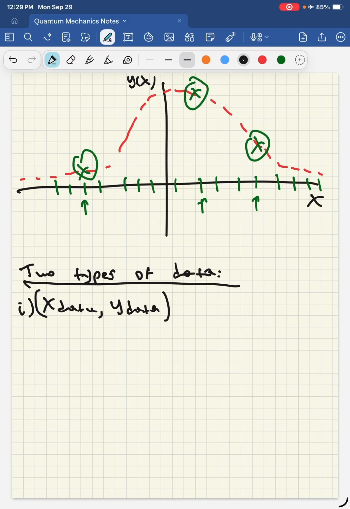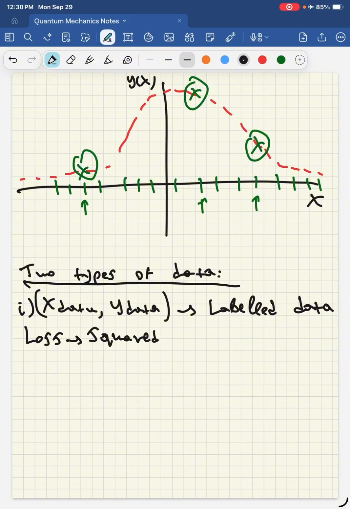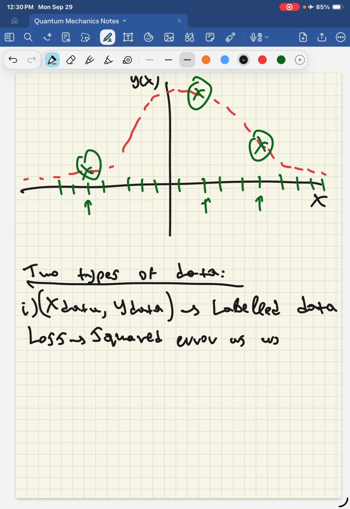So these are your labeled, so labeled data, okay? So if you build a neural network, you will use this data and calculate, as a loss function, you're gonna use the squared error as usual in supervised regression.